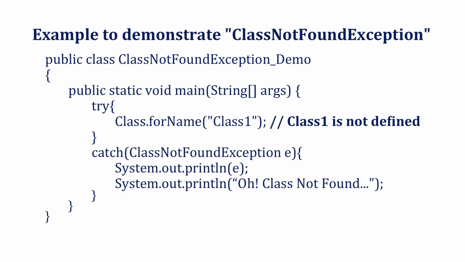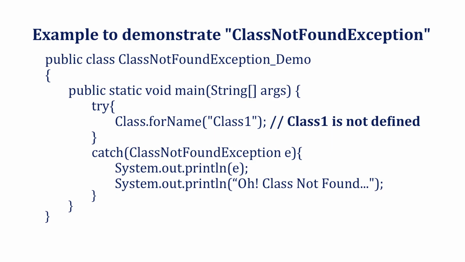In this try block we are trying to do Class.forName. So what are we doing? We are trying to use class1. As we know, class1 is not defined, right? Just by mistake we have mentioned it to check how the ClassNotFoundException occurs.